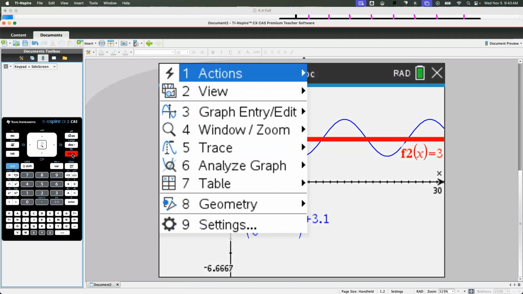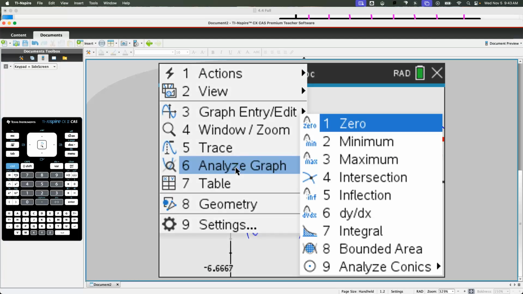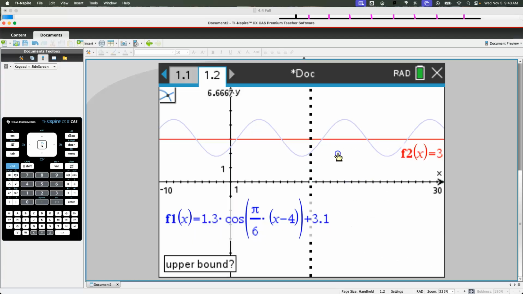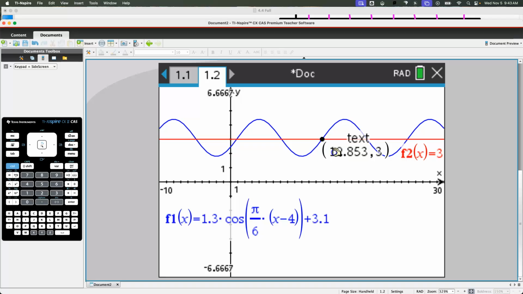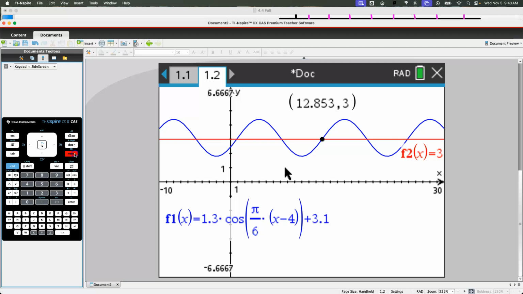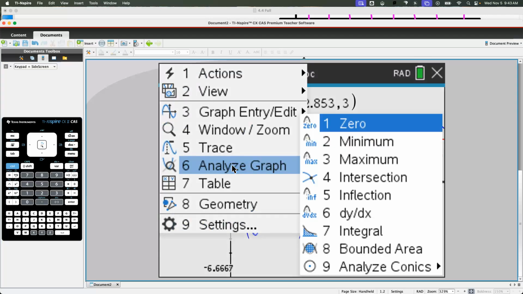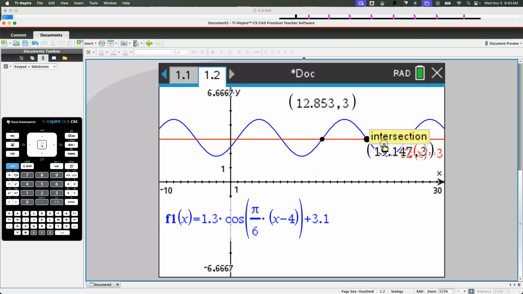So I'm going to analyze my graph for an intersection. There's my first one. There's my second one.